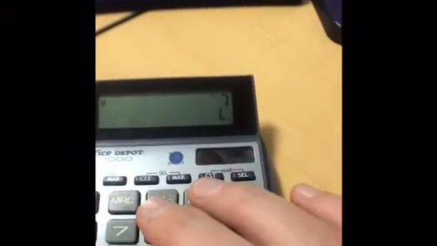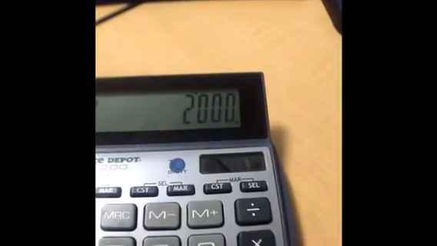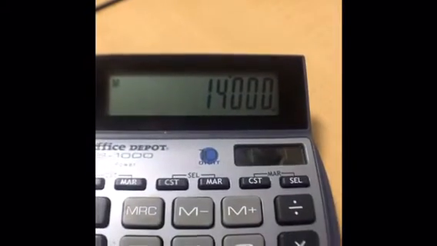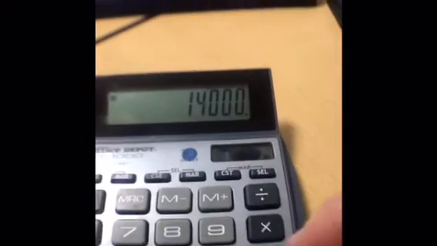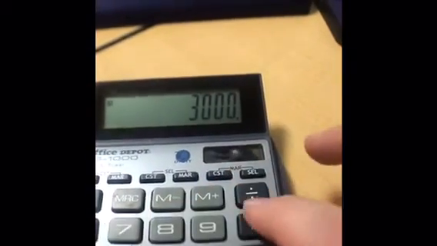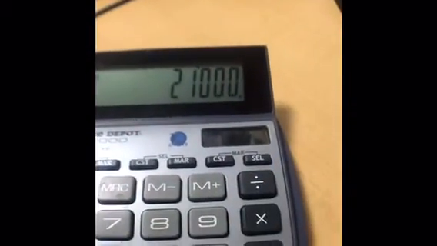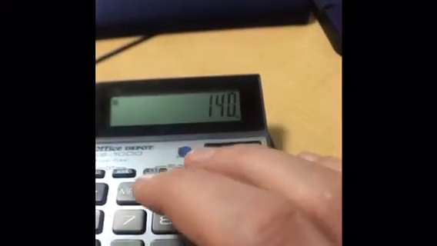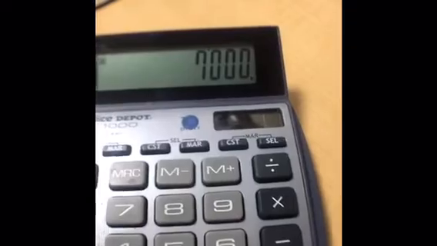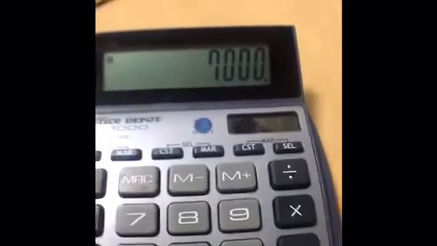Okay? So if I consumed 2,000 calories a day times 7 days, that's 14,000 calories a week. If I didn't watch my calories and consumed 3,000 times 7, that's 21,000. So 21,000 minus 14,000, obviously 7,000. That's my deficit per week.